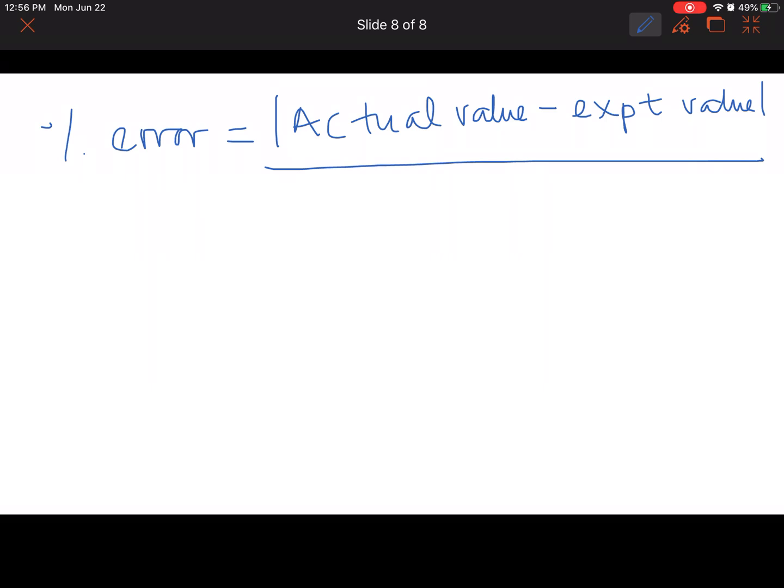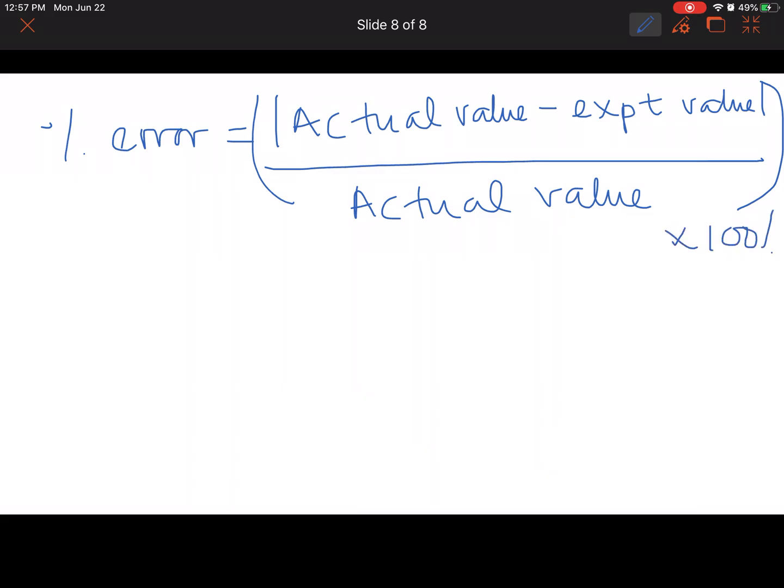That is what absolute means. Actual value minus experimental value is the absolute error; you divide it by the actual value, and then multiply this whole thing by 100. I didn't have space, so I just wrote times 100 over here.